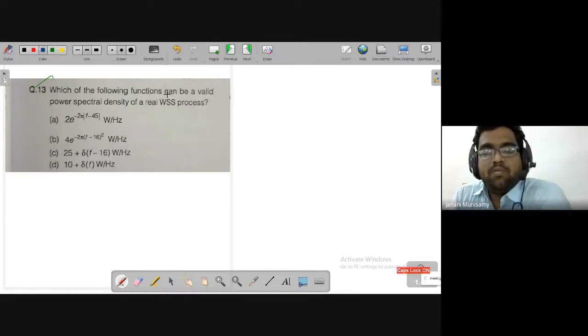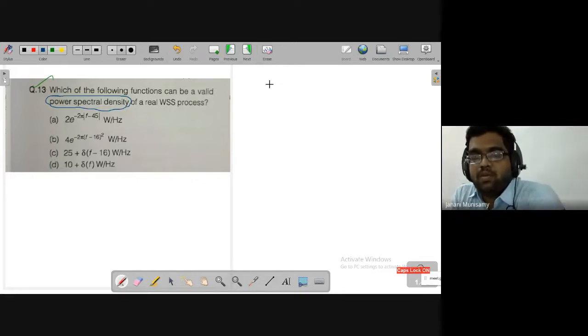Which of the following functions can be a valid power spectral density of a real wide sense stationary process? You should know the properties of power spectral density. Yesterday I told you the power spectral density is always an even function. That is one property.